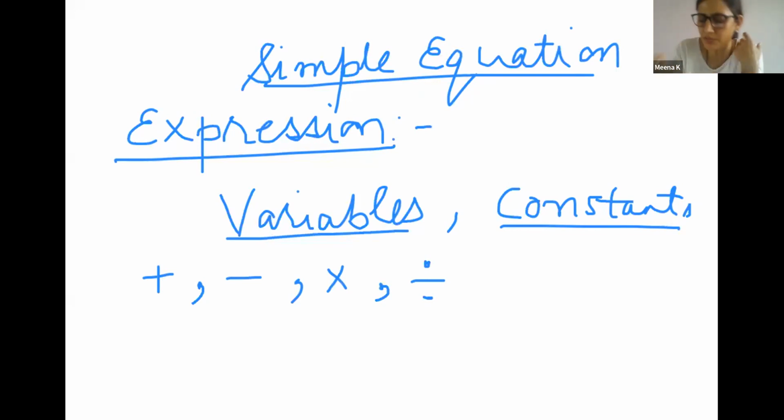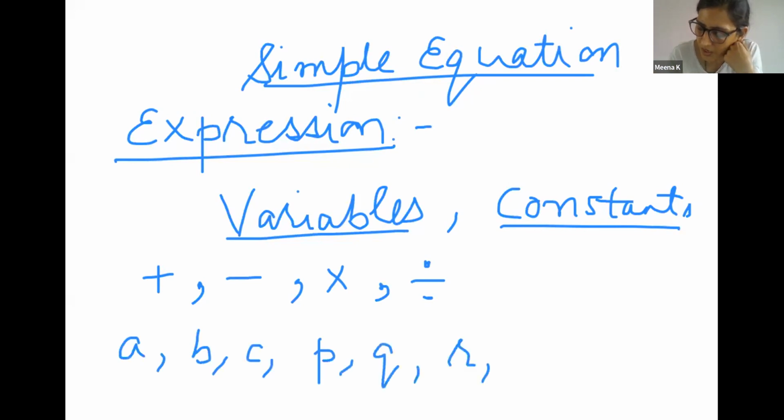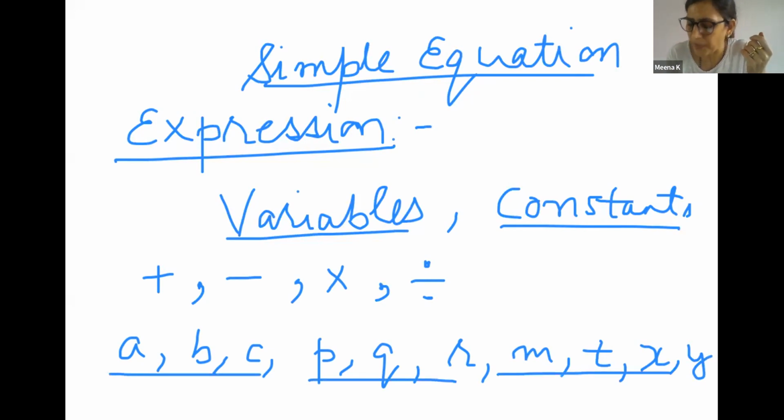Variables we normally denote with small alphabets like a, b, c, p, q, r, m, t, x, y. Yes, we have seen this already, just a quick revision. So these are how we express the variables. The value of these variables can vary according to our equations, right? So we will see that.